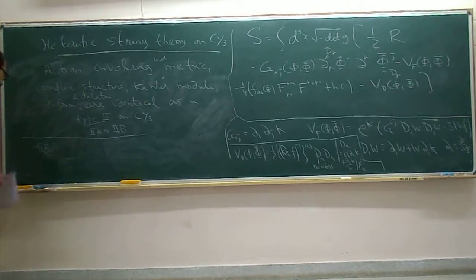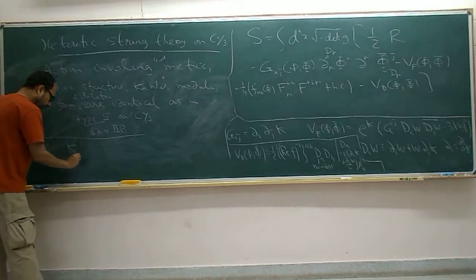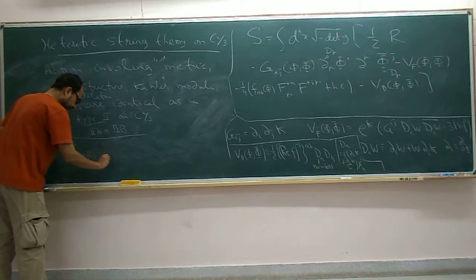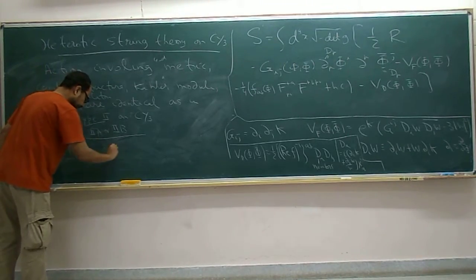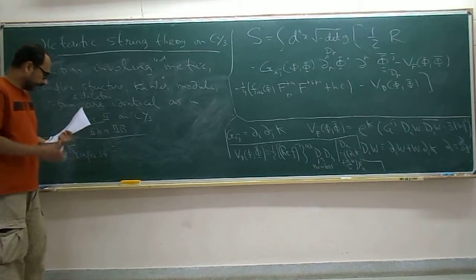So this gives you that the K of complex structure is, what did we find there?